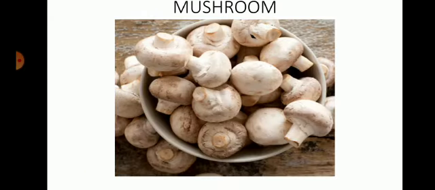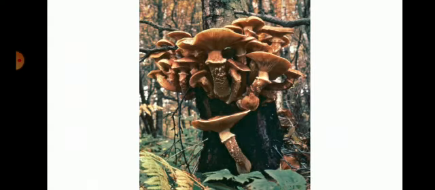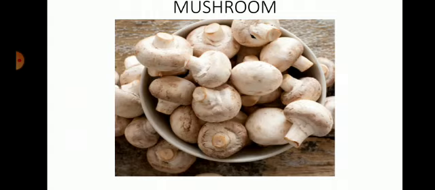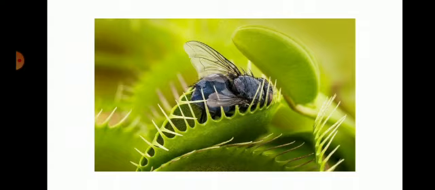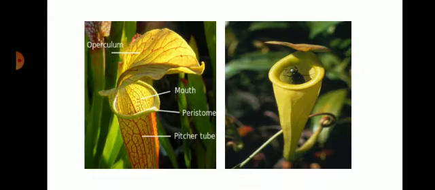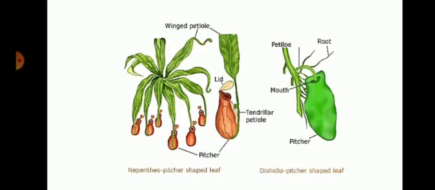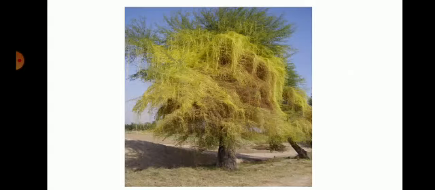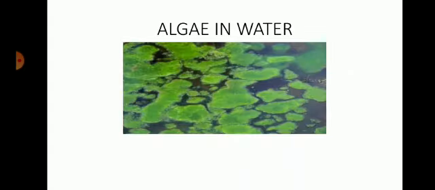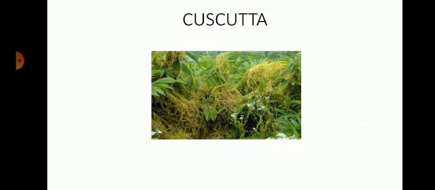First, you study parasitic plants. A parasite is an organism which lives inside or on another organism, the host, and derives nutrition from the host. The best examples of parasitic plants are Cuscuta, also called Amarbel, and Mistletoe, two very common parasitic plants.